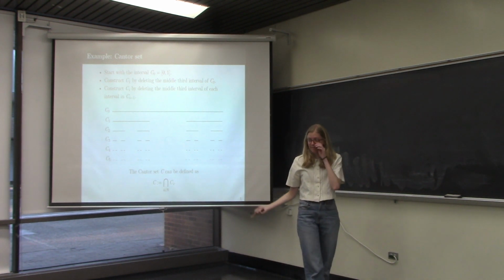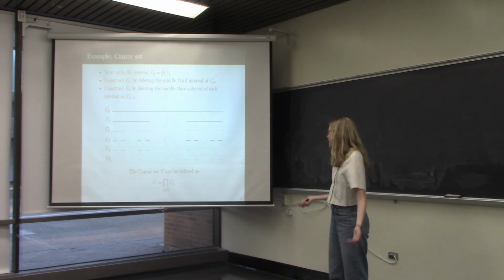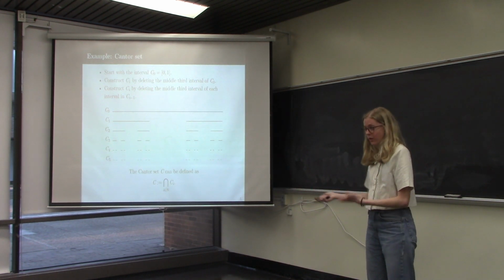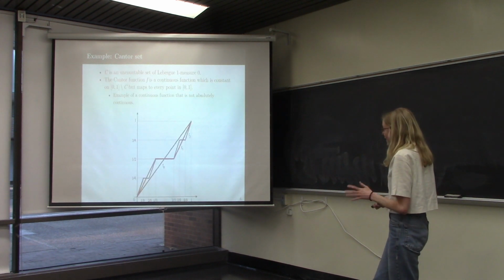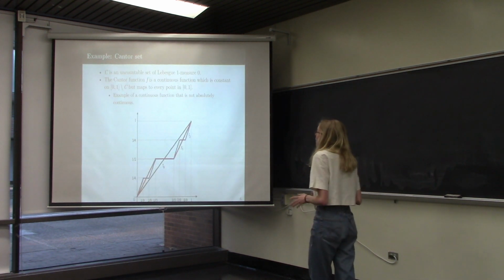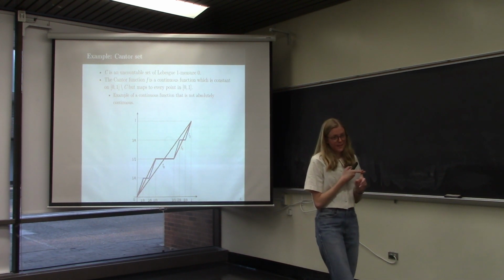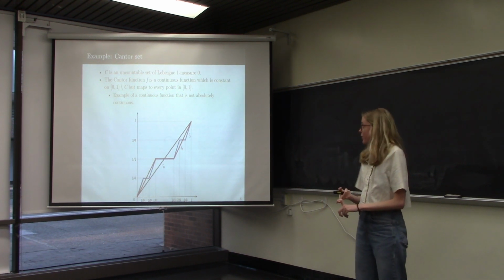Now you can think, well, that's nice, but why would one be interested in these sort of things? And the Cantor set has many nice properties. So first of all, it's an uncountable set. But the measure of the set, the Lebesgue measure, is 0.